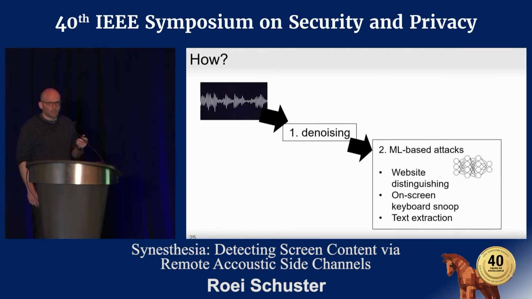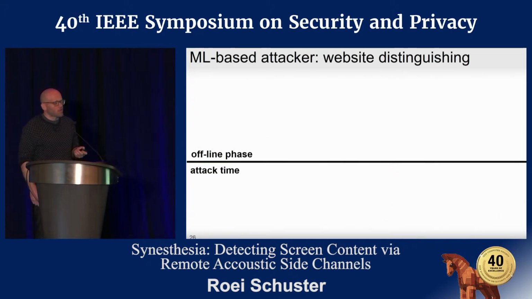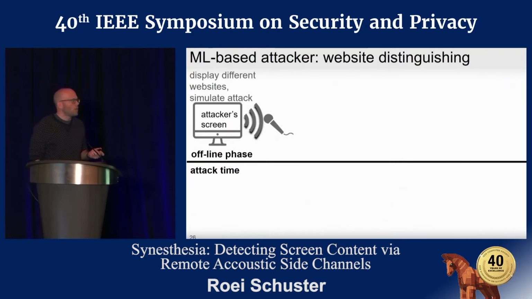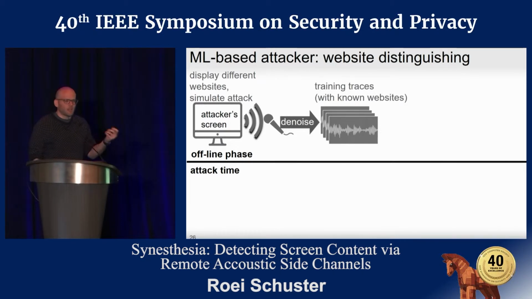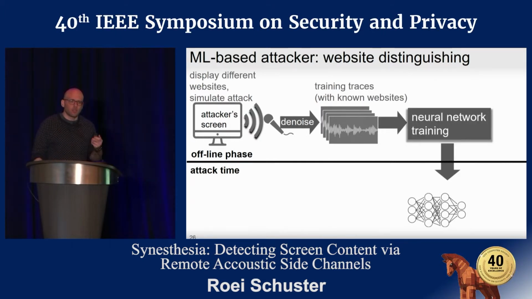Okay, now I'm going to start talking about the attacks themselves. The first one will be website distinguishing. Website distinguishing starts with the attacker displaying a bunch of websites on a training screen, and he records the traces of the screen while the websites are being displayed, and he attaches the identity of the website that was displayed to every trace, and he uses these traces to train a neural network.